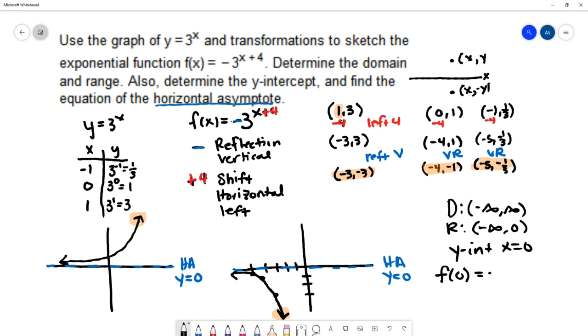We would get negative 3 to the 0 plus 4. That's negative 3 to the 4th. And that's negative 81. So we have a y-intercept of 0, negative 81. And I think that's all the parts. We found the domain, the range, the y-intercept, and the horizontal asymptote is y equals 0.